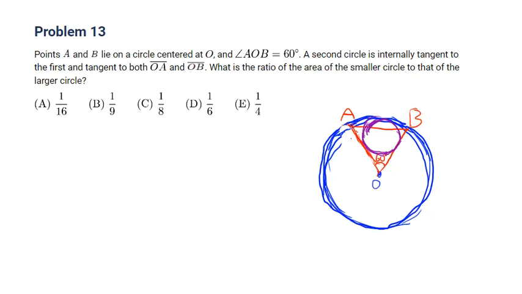It's tangent to both this line and this line, and we extend this out, and also this line. Of course, this is still an equilateral triangle, just with different dimensions.